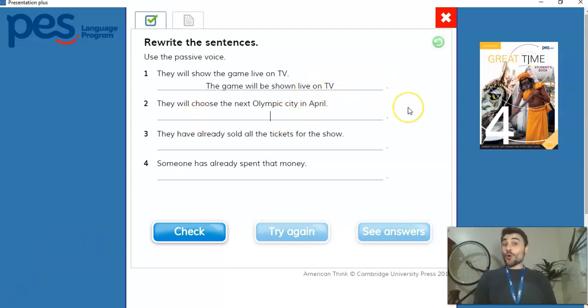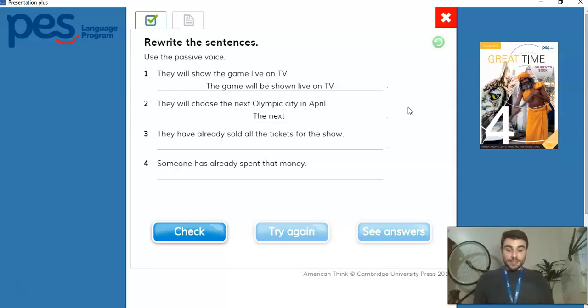Alright guys, so how was that? Too difficult? I hope it wasn't that difficult, just a little bit, because difficult is interesting. It gives us a challenge, right? So let's see. Number 2 says, they will choose the next Olympic city in April. What's the object? What comes after the verb choose? So I need to start with the object in the passive.